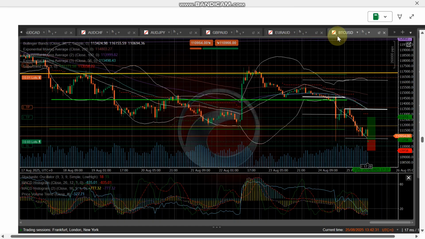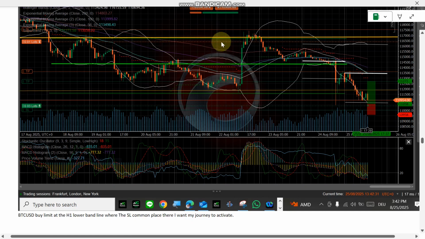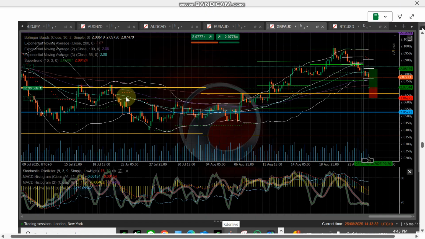And this is the Bitcoin. We come back to the Bitcoin, and I put both sides: I sell limit here, buy limit is here, right here. But the thing has not picked up my order yet.